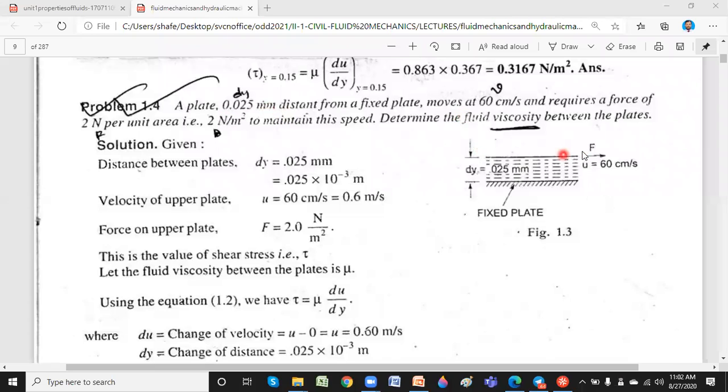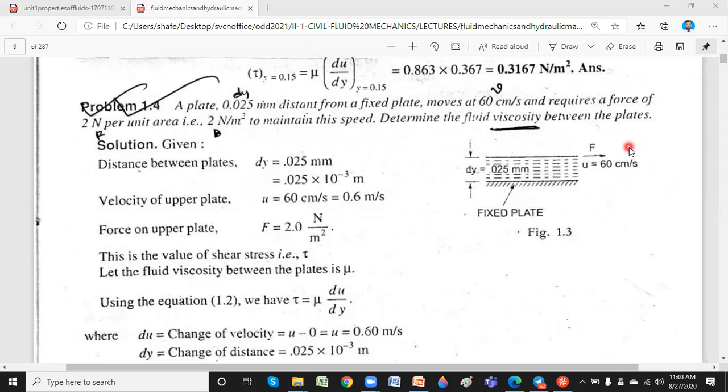Now this plate is moving at a velocity of 60 centimeters per second. To move that plate, I need a force of 2 newtons per unit area, that is 2 newtons per meter square, to maintain that speed. He's asking, can you determine the fluid viscosity between the two plates?